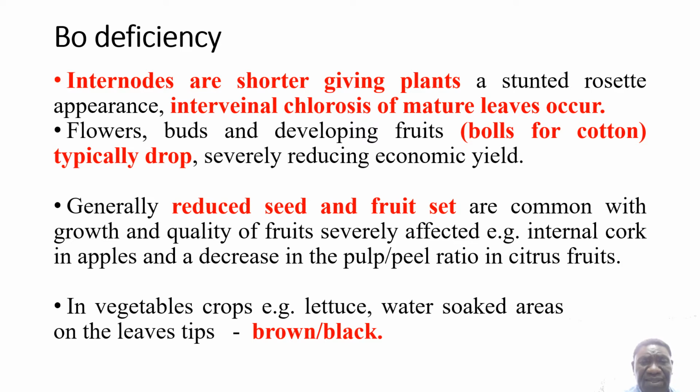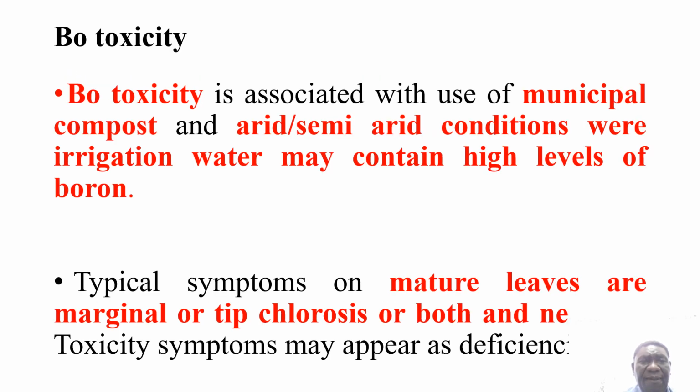In vegetable crops, e.g. lettuce, water-soaked areas appear on the leaves or on the tips, which become brown, black. Now, talking on boron toxicity.